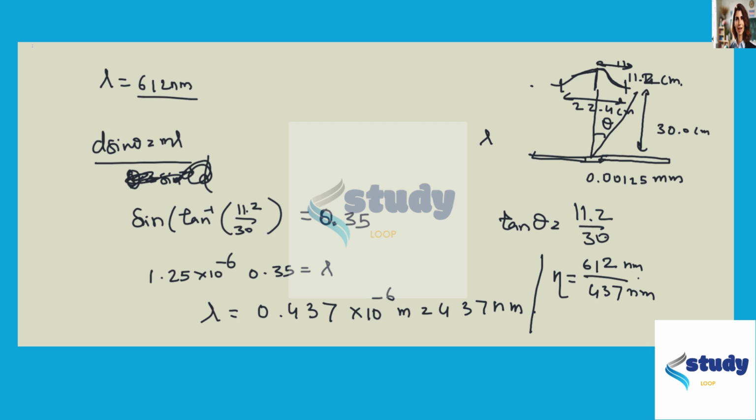So that is 612 divided by 437, which is 1.4. So the refractive index of our material is 1.4.